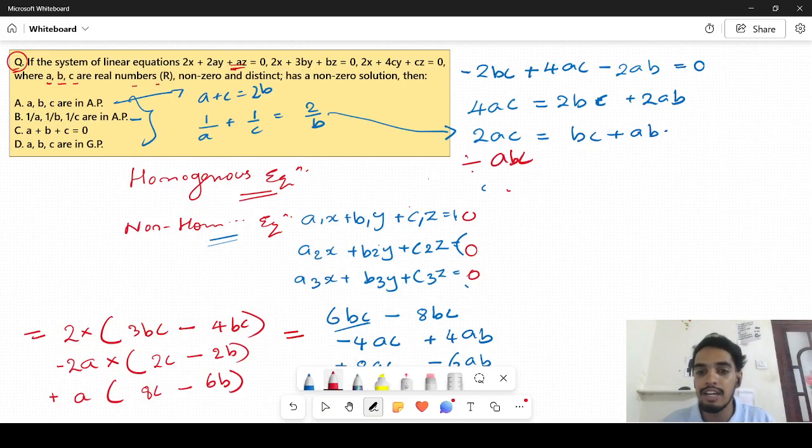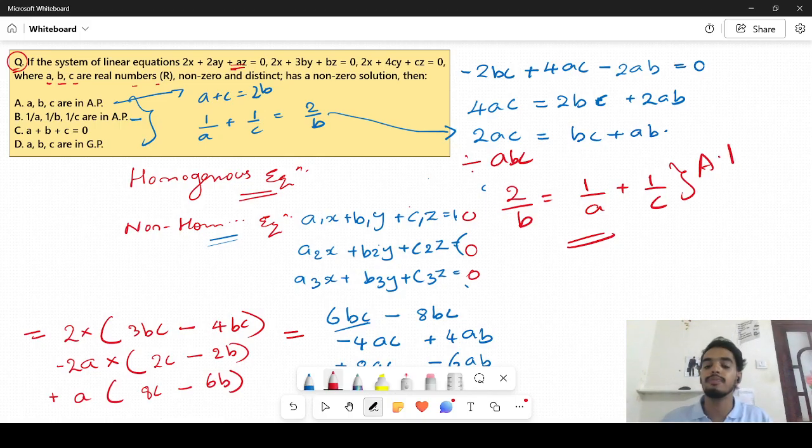If you divide that, what will you get? 2 by B equals 1 by A plus 1 by C. That is arithmetic progression. Very simple, right? So which is our answer? Option number B is our answer.